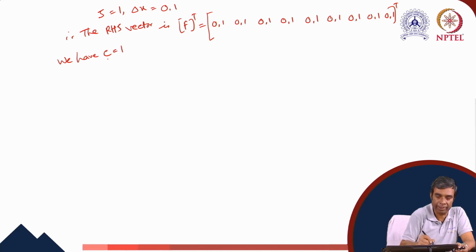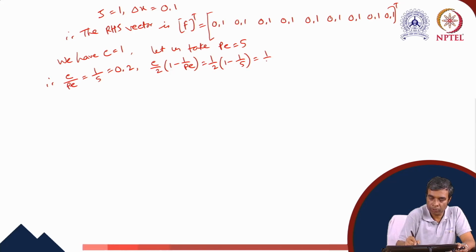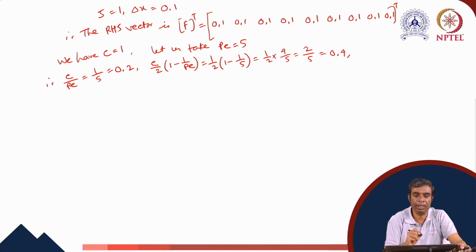We have C equals to 1 meter per second. Let us take PE equals to 5. Therefore, C by PE equals to 1 by 5 equals to 0.2. C by 2 into 1 minus 1 by PE equals to 1 by 2 into 1 minus 1 by 5 equals to half into 4 by 5 equals to 2 by 5 equals to 0.4. So our main diagonal terms are 0.2.